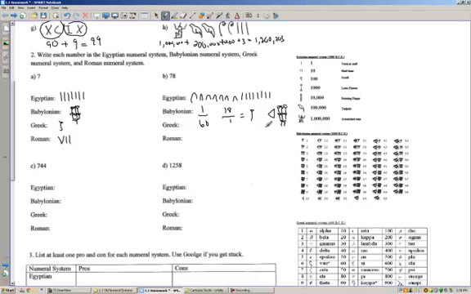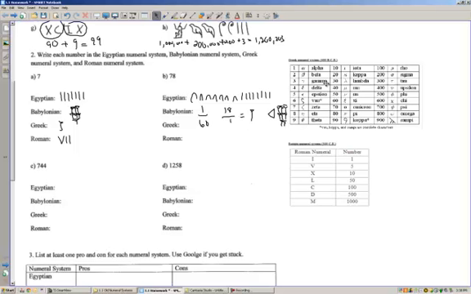All right, so for now the Greek numeral system, pull up the Greek numeral system right here. We want to represent 78, so we need a 70 and an 8. You look over here, a 70 is this omicron, like a letter O. And so we write down the letter O. That represents 70. And then we have an 8, and an 8 is eta.